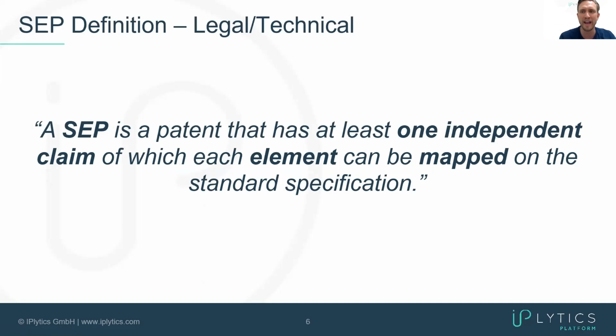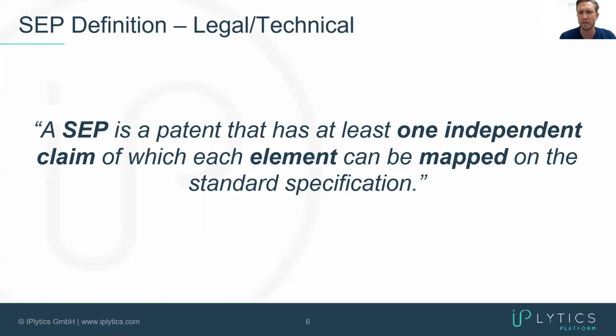In more legal technical terms, an SEP is a patent that has at least one independent claim, of which each element can be mapped onto the standard specification. So that is how a patent attorney would phrase it. Again, the reason why they put it in different words is it's really important.